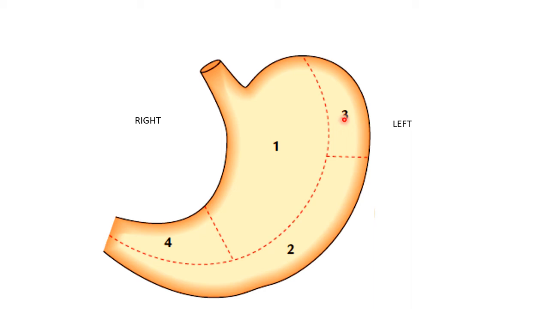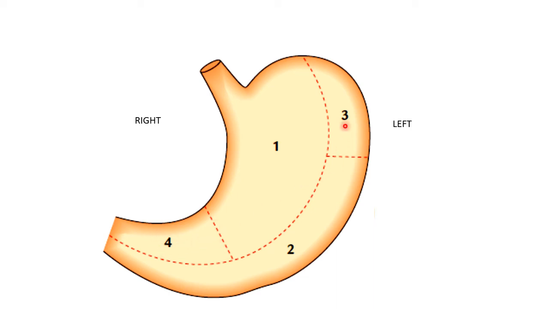First, we divide the stomach into a right 2/3 and a left 1/3 by a line along its long axis. Then we divide the right 2/3 into an upper 2/3 area 1 and a lower 1/3 area 4.